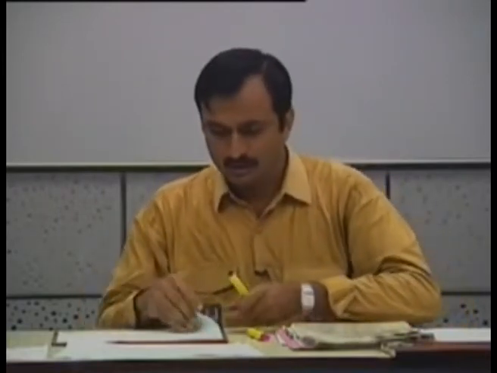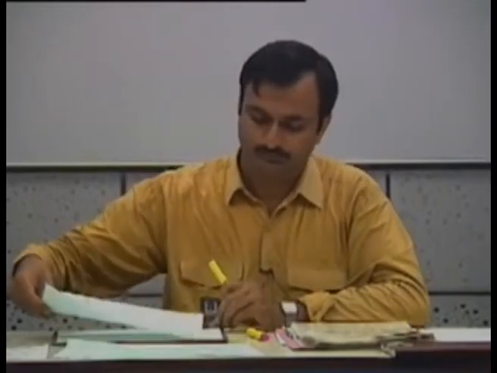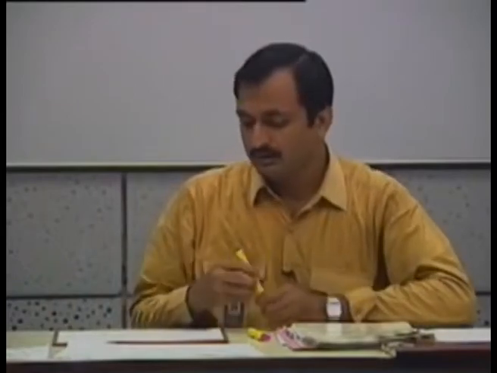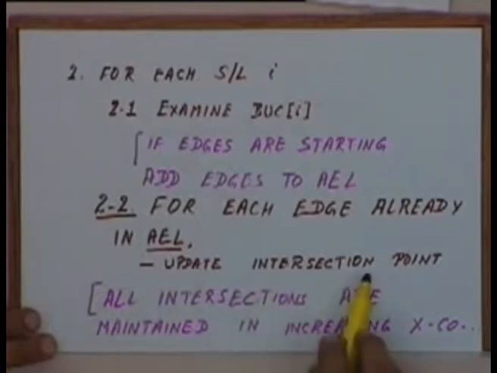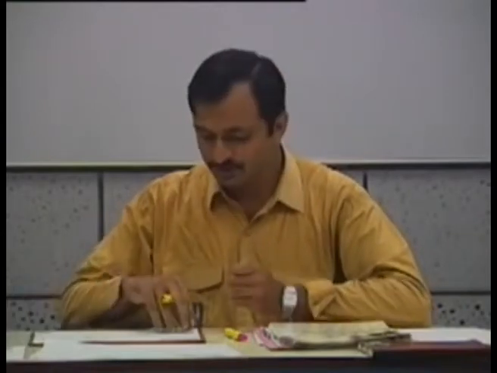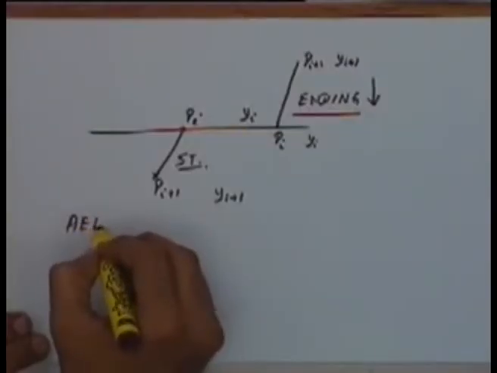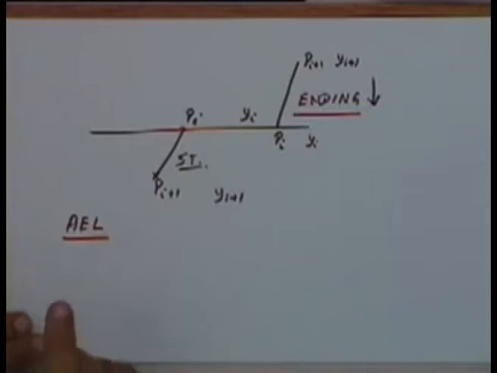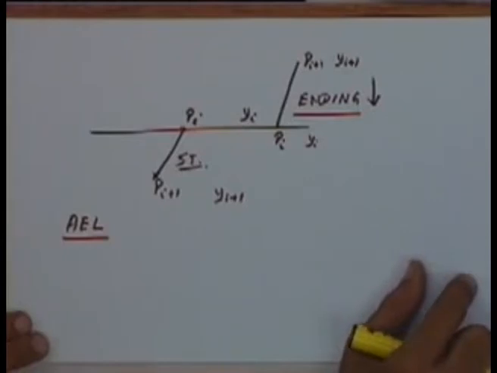Now, in this algorithm, if you noticed, we are maintaining this active edge list, and in the active edge list we are computing the intersection point of every edge. As we move from one scan line to the next scan line, this intersection point is being modified. So this active edge list is going to contain a list of entries.